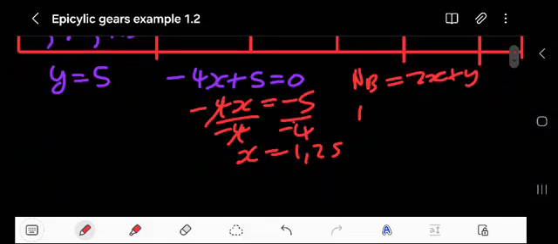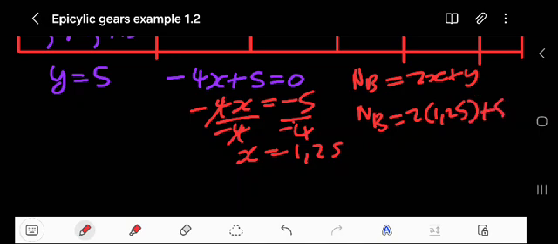X we have, which is 1.25, and the value of y is 5. We multiply that and we'll have 7.5 revs.